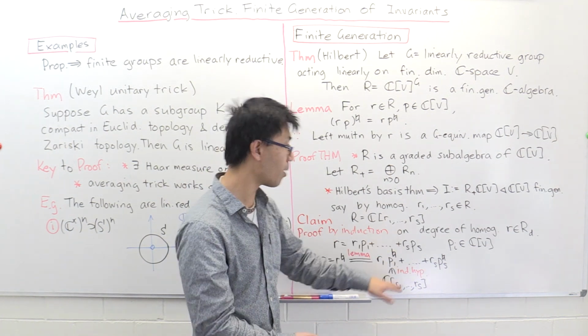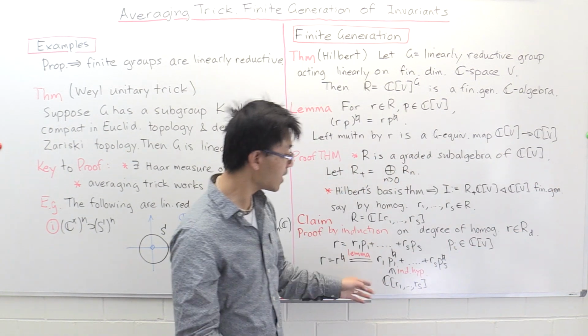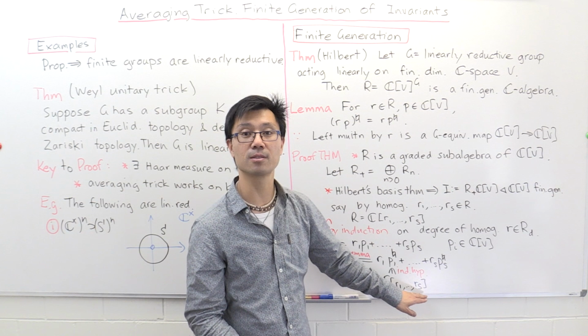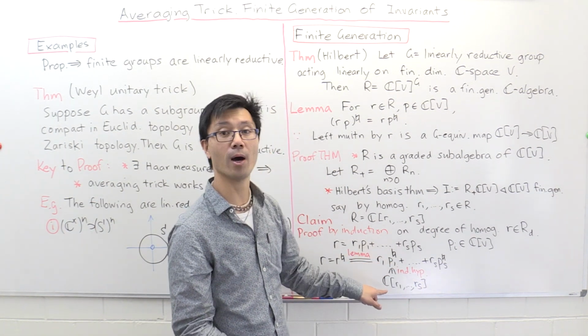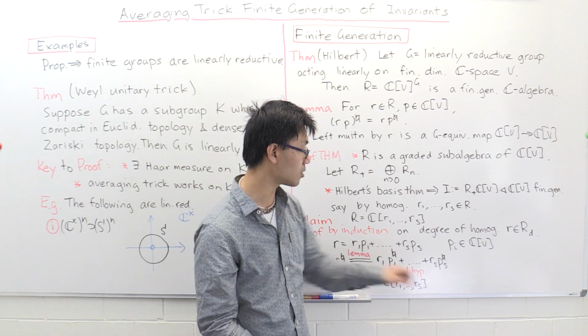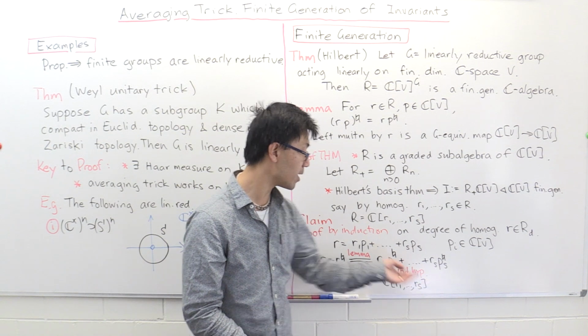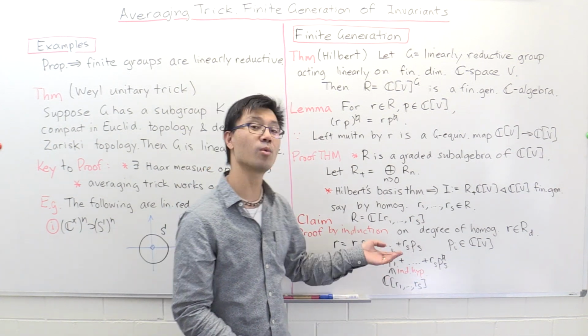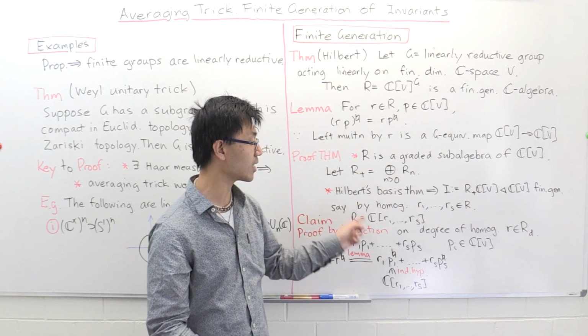So by induction hypothesis, we've got something inside R, homogeneous of lower degree, and it is a polynomial in R1 up to Rs. And all we did to this polynomial in R1 up to Rs was multiply by R1 to give you a new polynomial in R1 up to Rs. And then when you sum up all these terms, you find that you do, by induction, get some polynomial in R1 up to Rs. So this element is indeed inside this ring here.